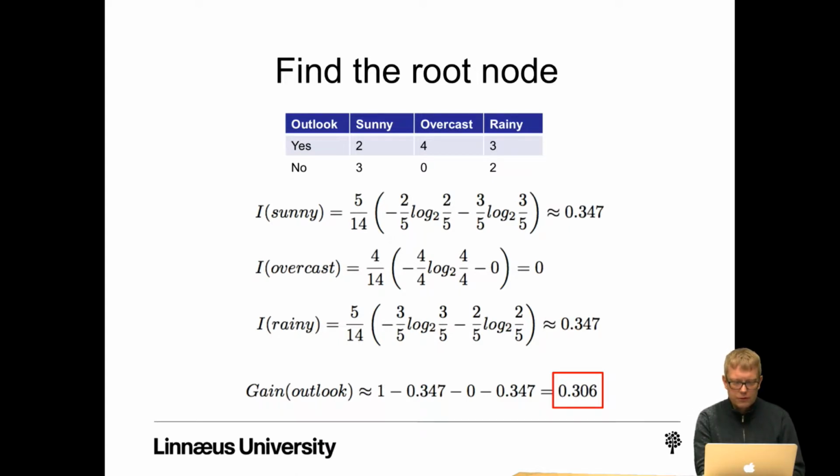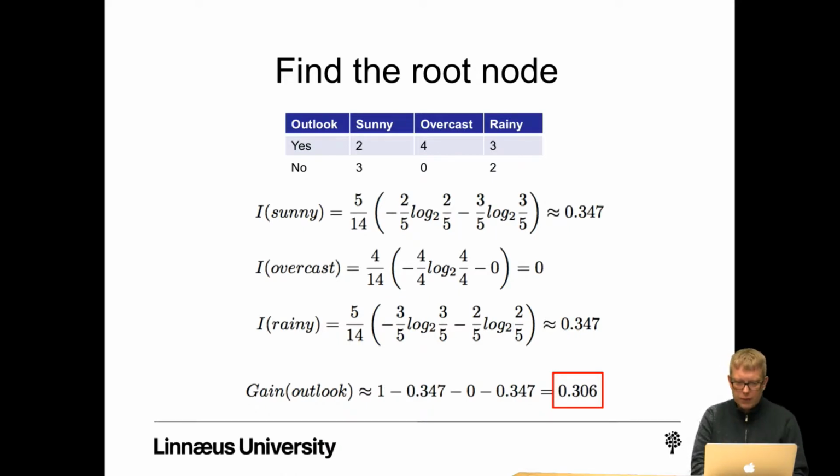We have 4 examples where outlook is overcast out of 14. And if we calculate the information gain, we see the information value is 0. And if we do the same thing for rainy, rainy has 5 examples out of 14. 3 examples belong to yes, and 2 examples belong to no. Just put in the values, and the result is 0.347.